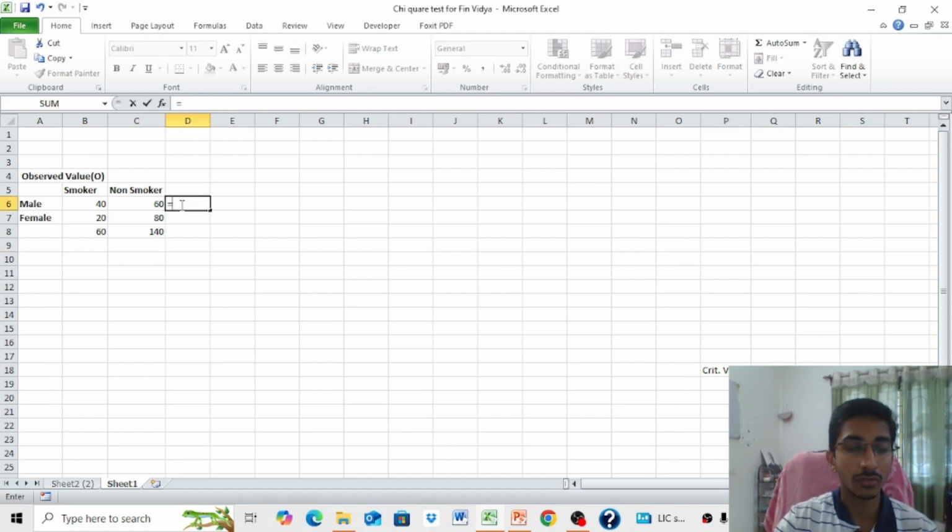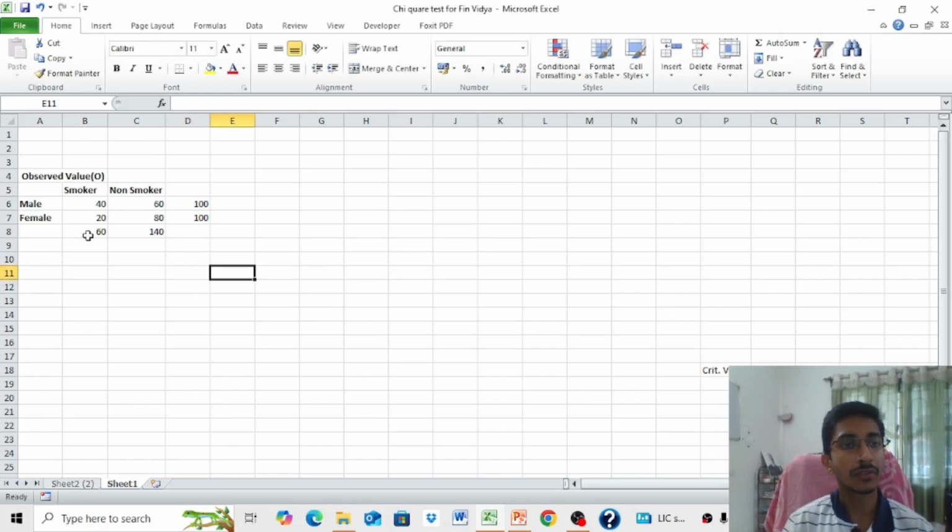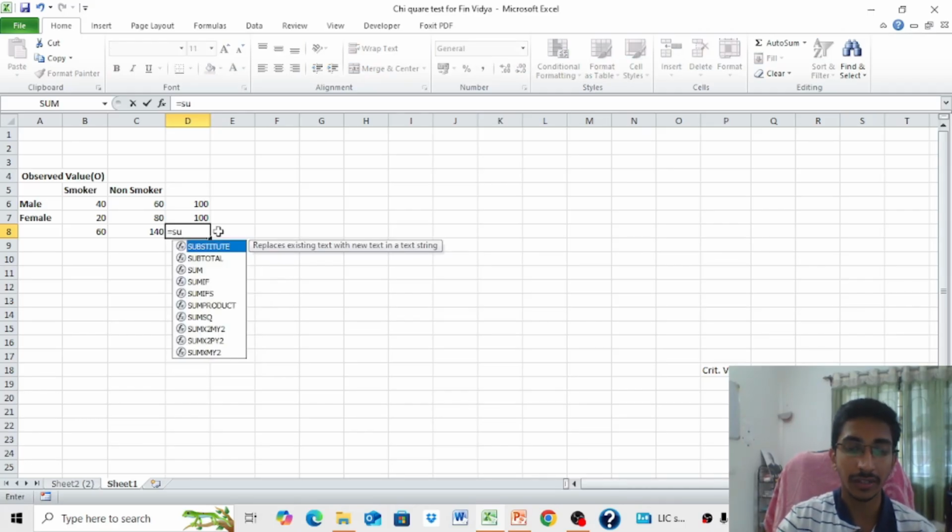Equal to sum, bracket open, select, bracket close, enter, and the same way again. So we got the row totals and column totals. Now we have to find the value of the grand total, right?